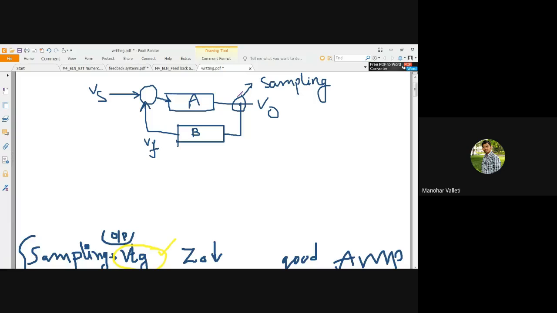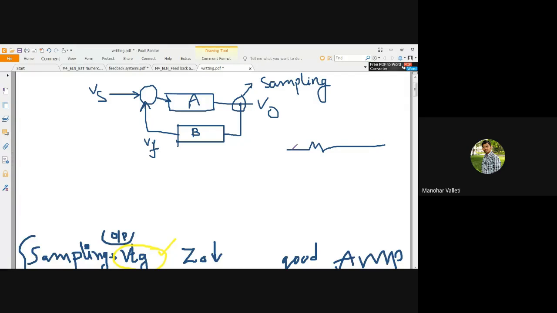Then only you can take the output voltage. If you want to take some portion of current, output current, you need to disconnect some component. Across, you can take the voltage; through the element, you can take the current.